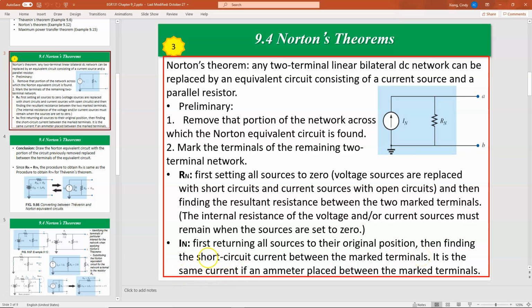The short circuit current is the In we talk about. If you want to use an ammeter to check it, you could just put an ammeter between the marked terminals. That is the way we check In for the circuit if we have a lab.